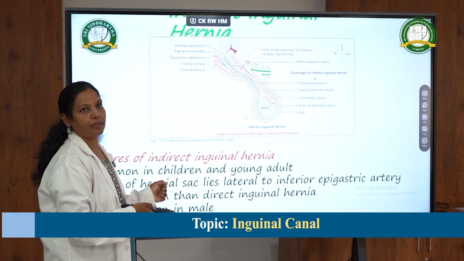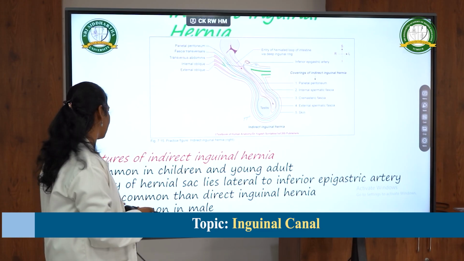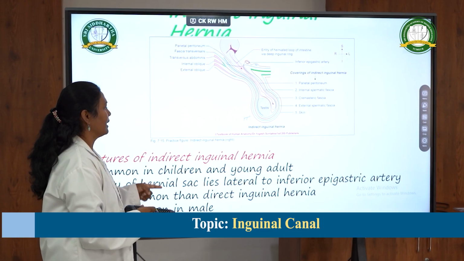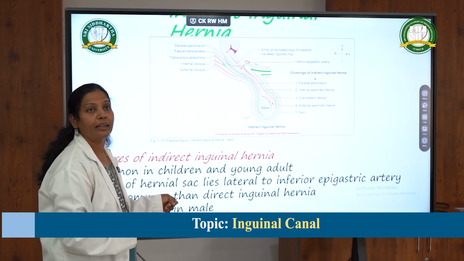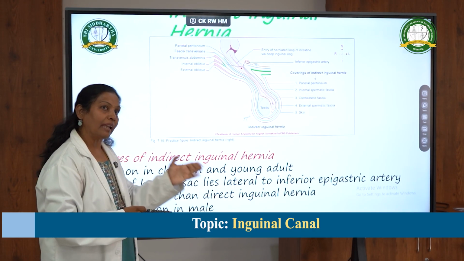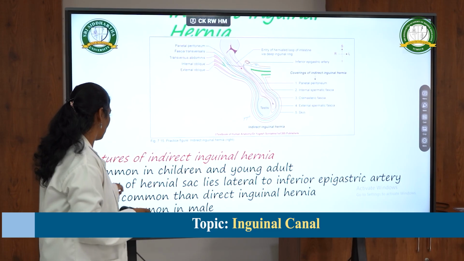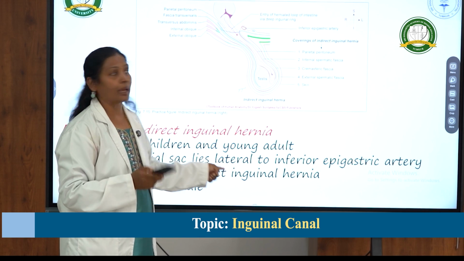So what are the features of this indirect inguinal hernia? It is common in children and young adults. The entry of the hernial sac, as I mentioned earlier, is through the deep inguinal ring. The deep inguinal ring is present lateral to the inferior epigastric artery, so the entry of the hernial sac lies lateral to the inferior epigastric artery.